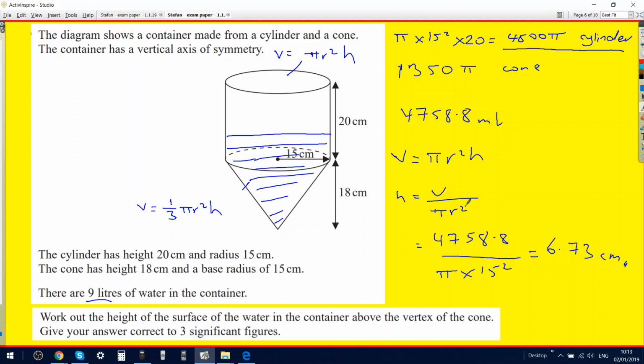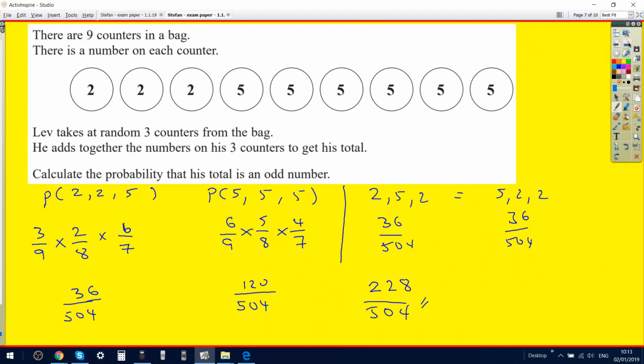So height is v over pi r squared. The trick with this one was you had to first subtract the bit that gets used up by the cone. To do that, you subtracted the volume of the cone from 9,000 first, and then you subbed what was left over into the height formula. That was about the size of that one.